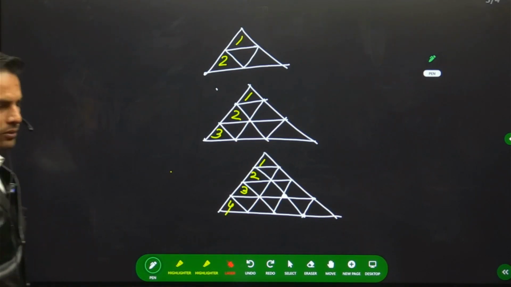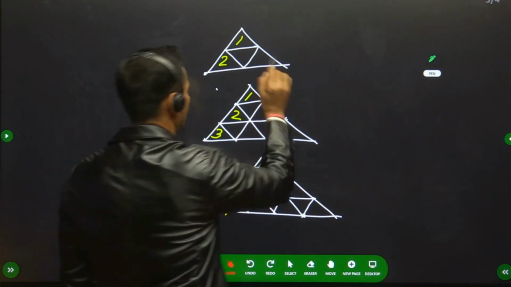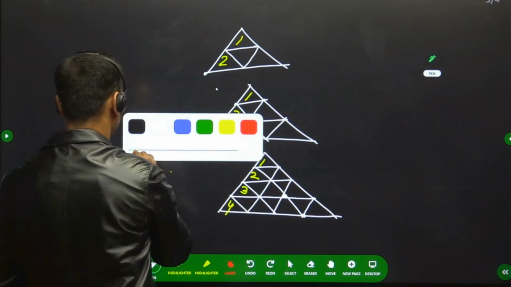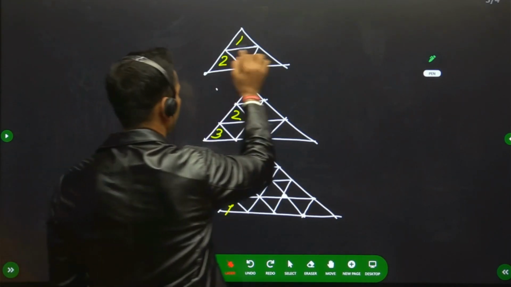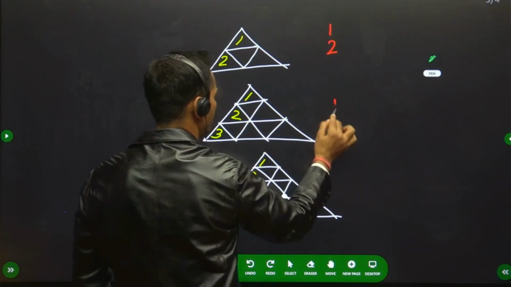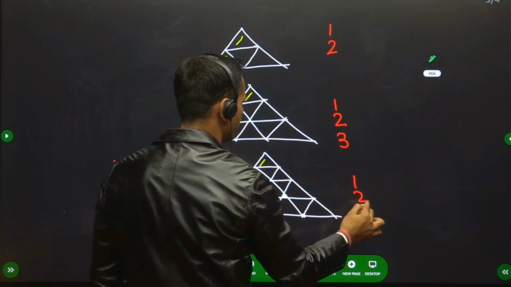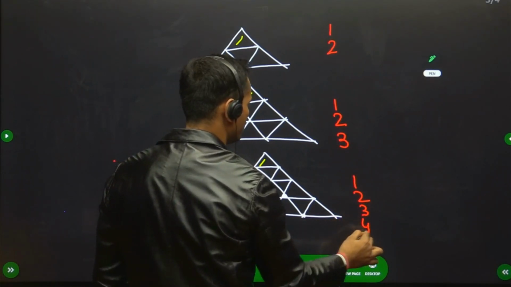Now what you have to do? You have to simply write these corner triangles 1 and 2. Write these corner triangles 1, 2, 3. Write these corner triangles 1, 2, 3 and 4.